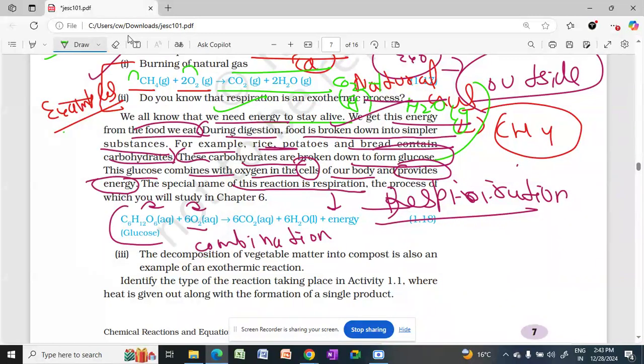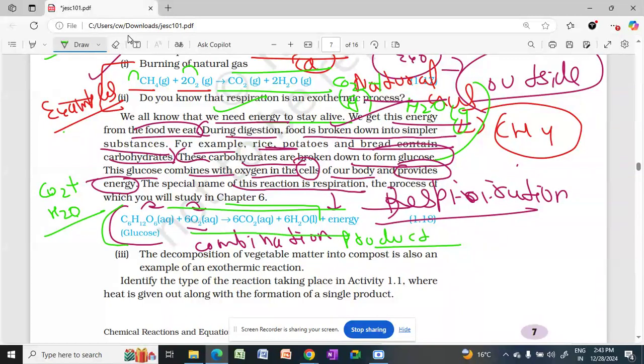Above we discussed the photosynthesis reaction, where the reactants were carbon dioxide and H2O. Here in the respiration reaction, carbon dioxide and H2O are the products actually. Can you see one important thing here? This reaction is just the reverse of photosynthesis.